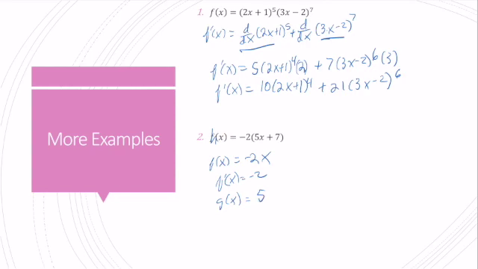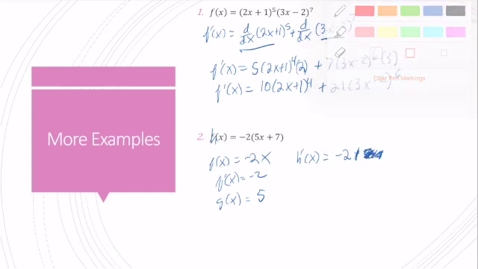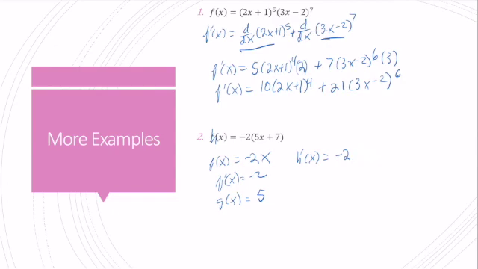We're experimenting here. So I have h of x is negative 2 times 5x plus 7, so the derivative is negative 2 times 5. So I'd get negative 10.